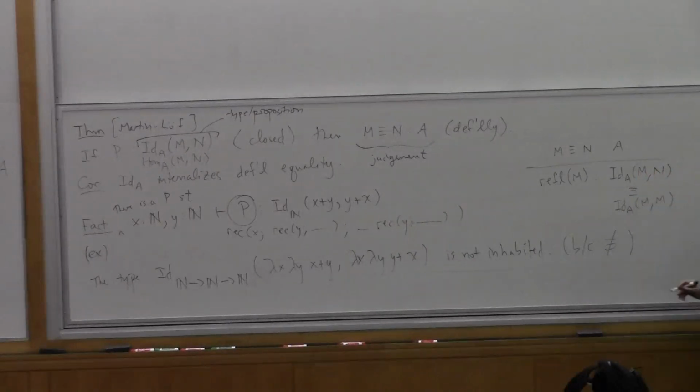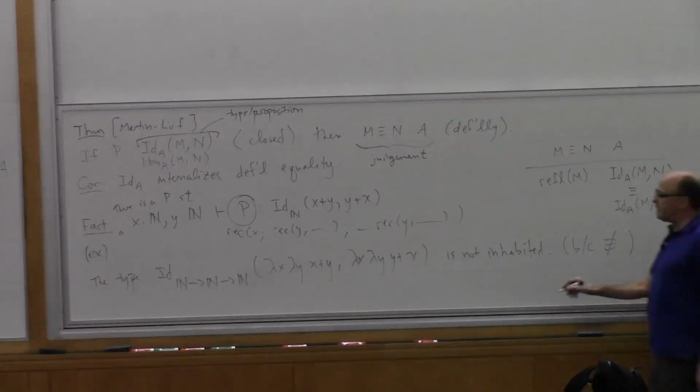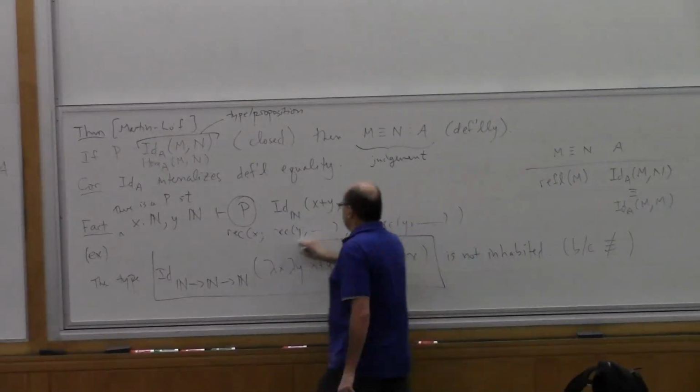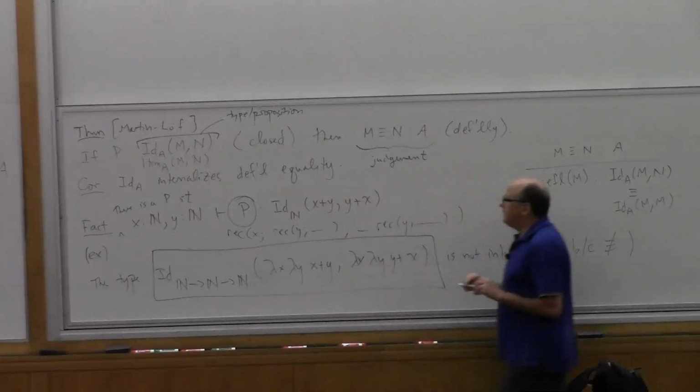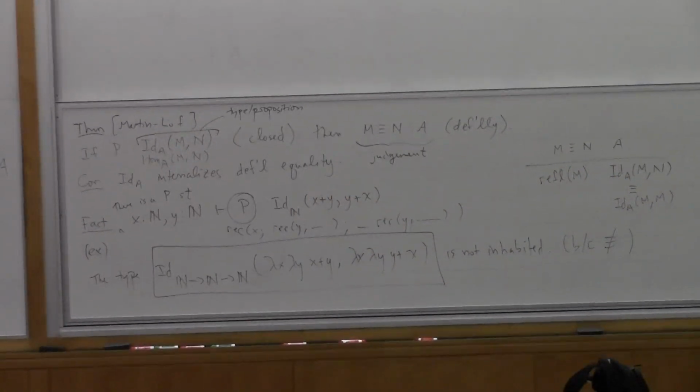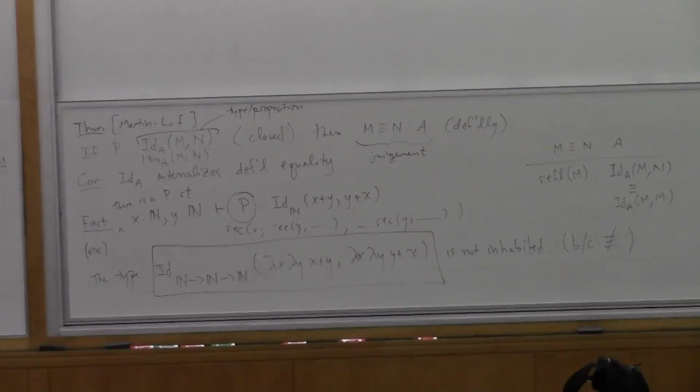So these things are not definitionally equivalent. Because they're not definitionally equivalent, this type is not inhabited. So to say these functions are not equal, that's a possibly, I hope, surprising and unpleasant state of affairs.